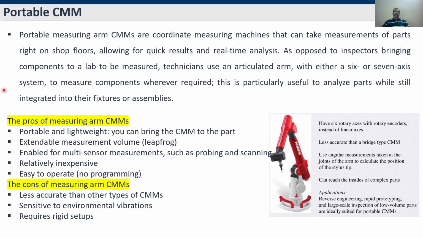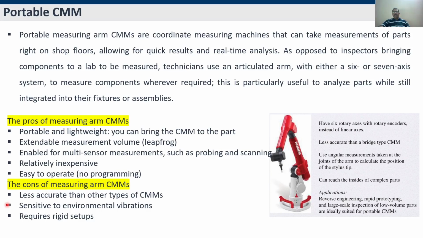You don't need big setups compared with the gantry type or bridge type. This is a simple one. You can use it for measuring dimensions and coordinates in real time using a teach pendant, and you can get the results and analyze them immediately.